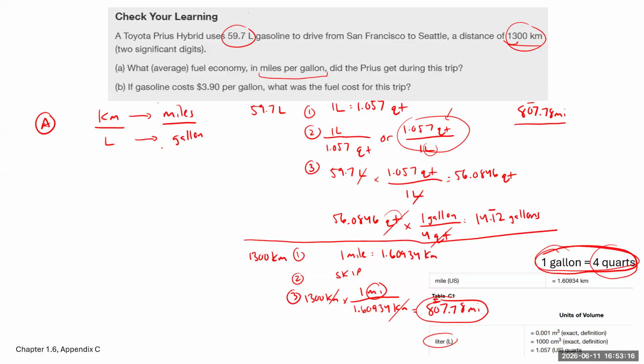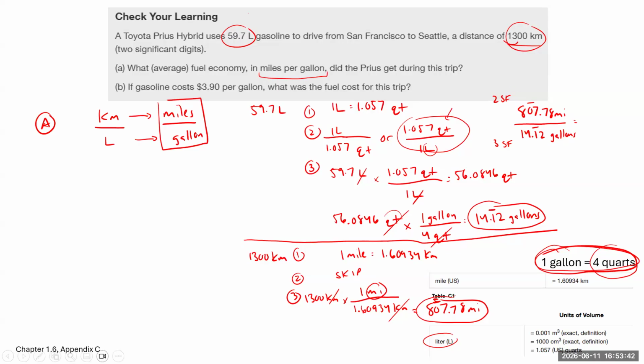Because we're trying to do miles per gallon divided by 14.12 gallons. Overline on the one. So we have two sig figs here because of where the overline is, three sig figs here where the overline is. And so we should have two significant figures at the end.